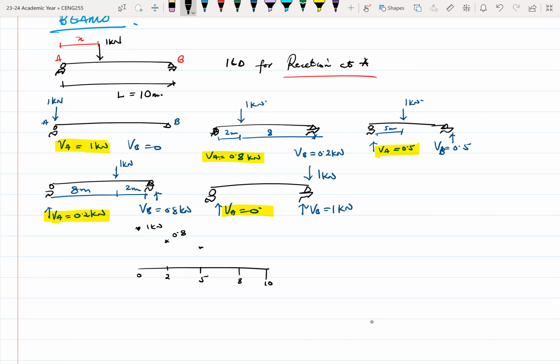And when the load moves to 8 meters, VA is 0.2, and when the load moves to 10 meters, VA is what? 0. So I can look at this and then just draw a line.